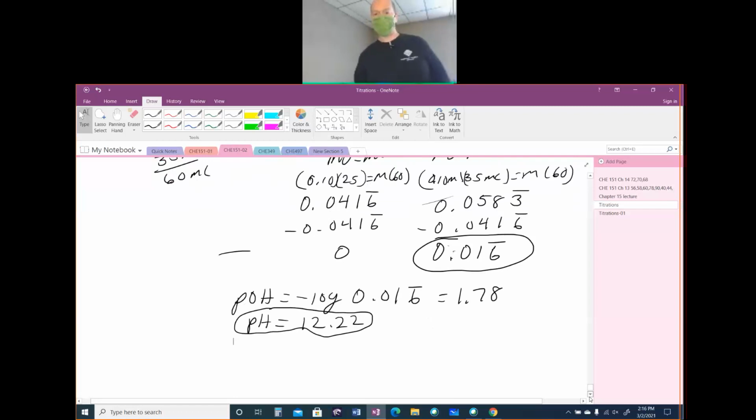So that is your concentration of your OH minus. If you wanted the pOH, negative log of that. If you wanted your concentration of H plus, you just take 10 to the negative 12.22, and that is a 6.0 times 10 to the minus 13.